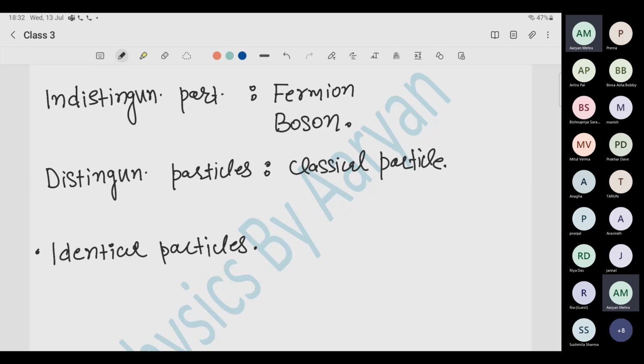The words identical and indistinguishable are two separate words, and you should not confuse them. Sometimes in JEST a question has come: there are 5 identical classical particles. Now the student is confused, either it is identical or it is classical. What is it? Because the student is confusing the word identical with indistinguishable. Identical simply means all the particles are of the same kind, either electrons or protons.